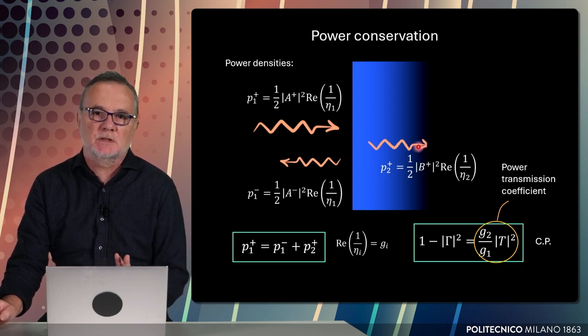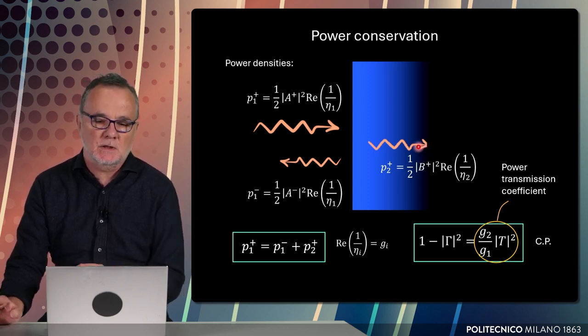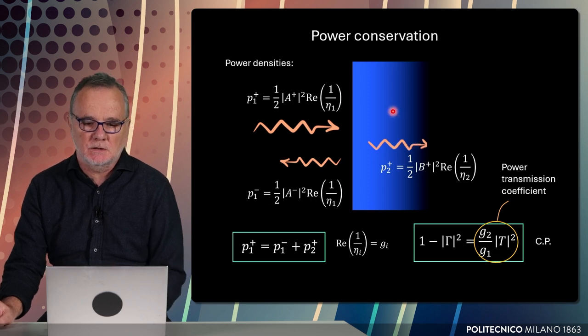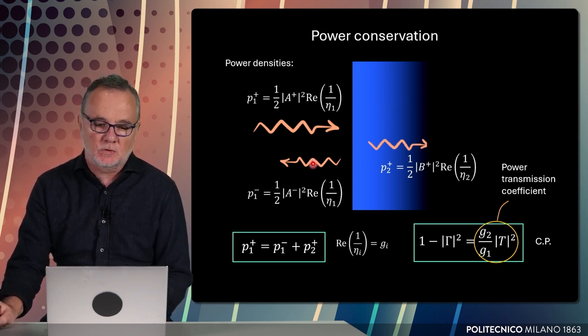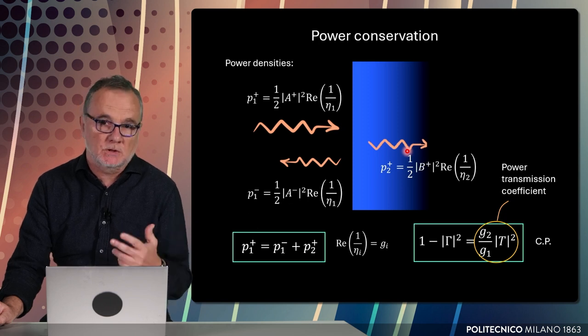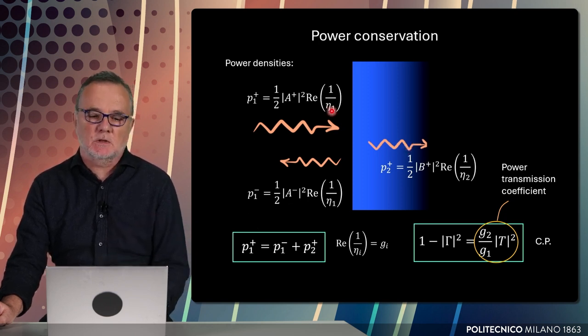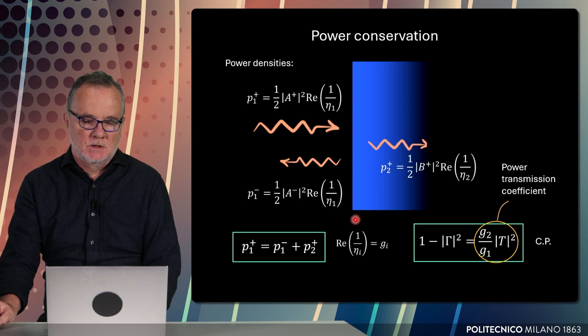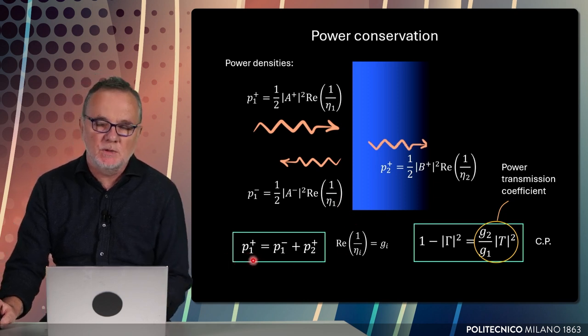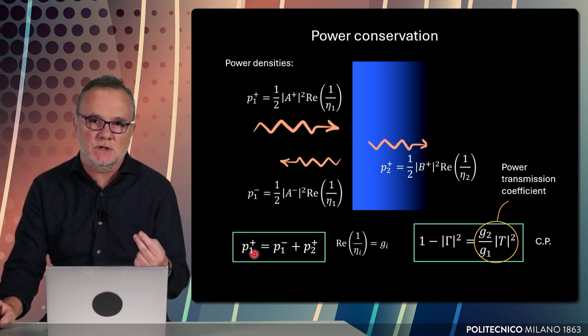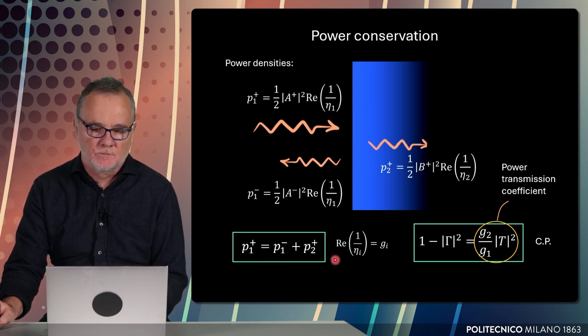Of course, since there is no power dissipation anywhere in this problem, the total power reflected plus transmitted must equal the incident power density. So we can write that P1, the power density associated to the incident wave, must equal the sum of the other two.